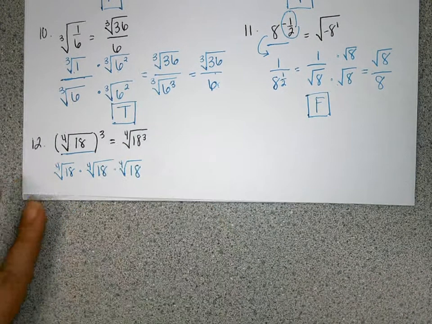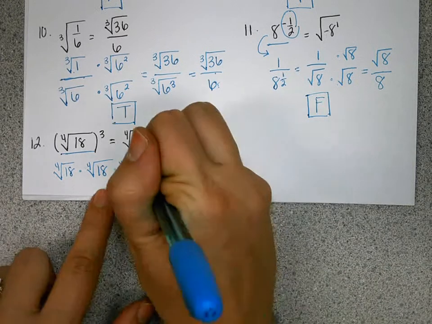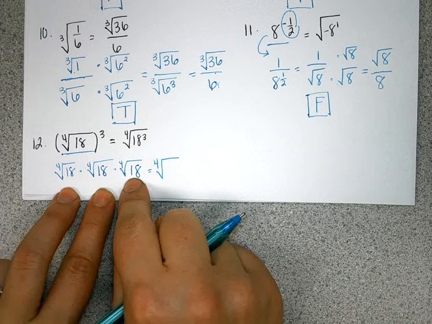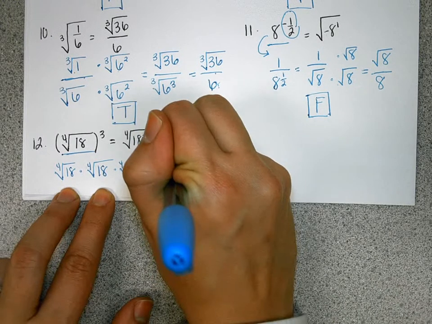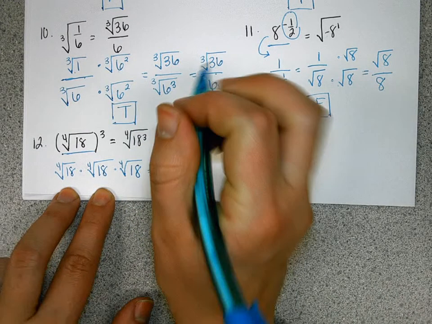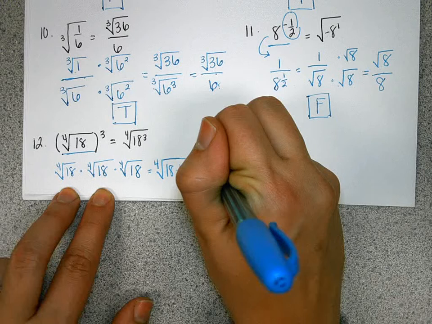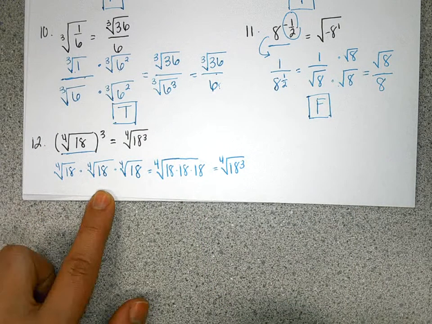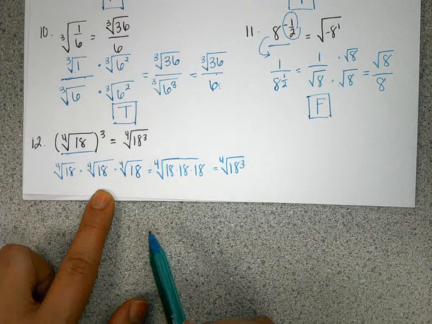Do you agree? So that's the same as the 4th root, and I can multiply the insides together, so of 18 times 18 times 18, which is the 4th root of 18 to the 3rd power. So true or false? True.